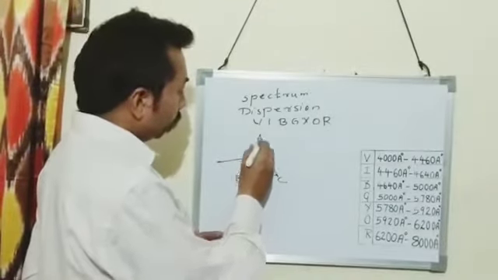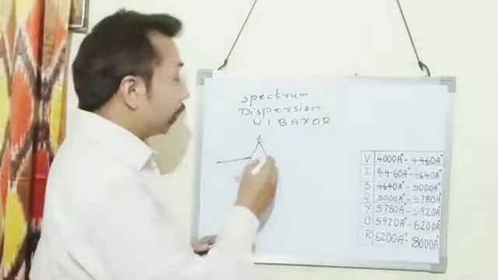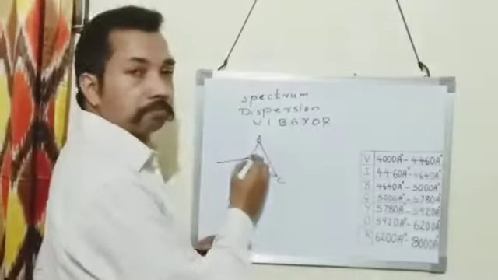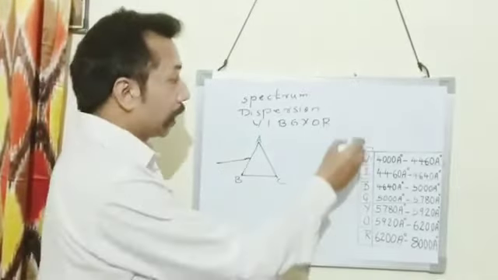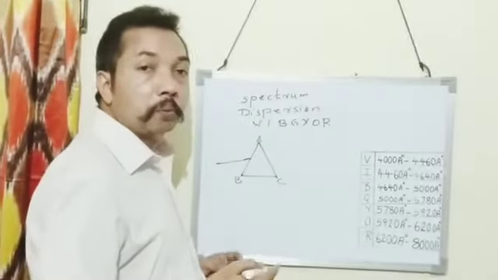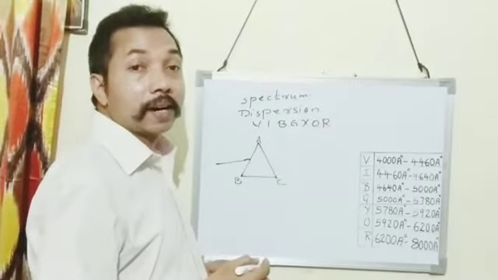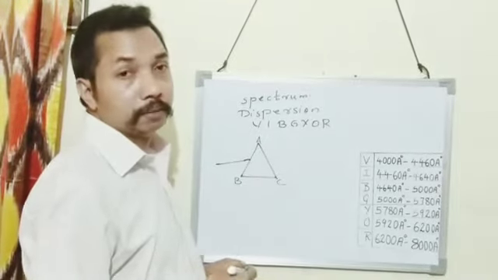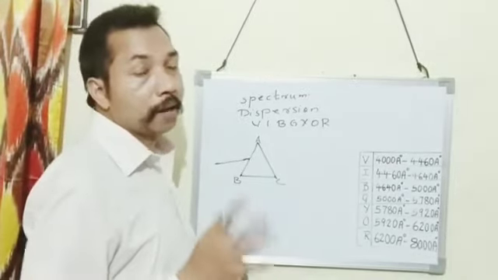All the 7 colors, violet, indigo, blue, green, yellow, orange and red, have the same speed in air or in vacuum.